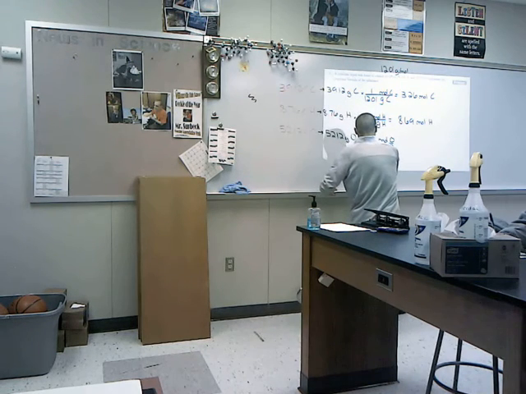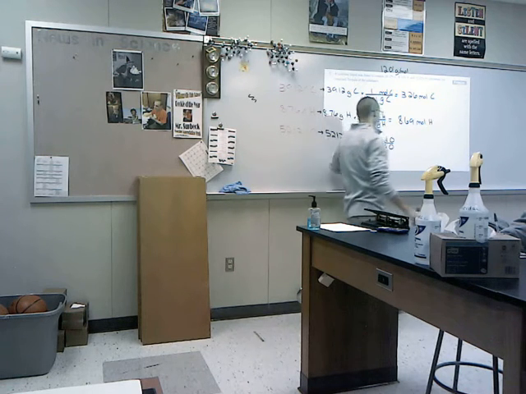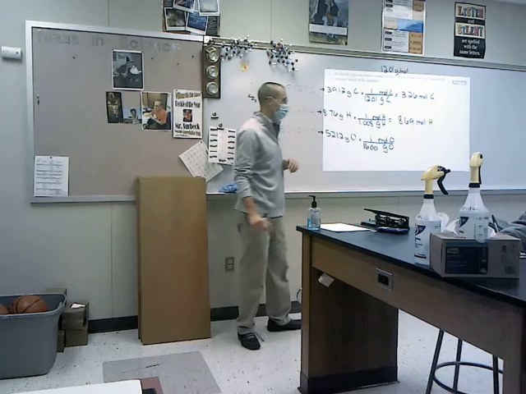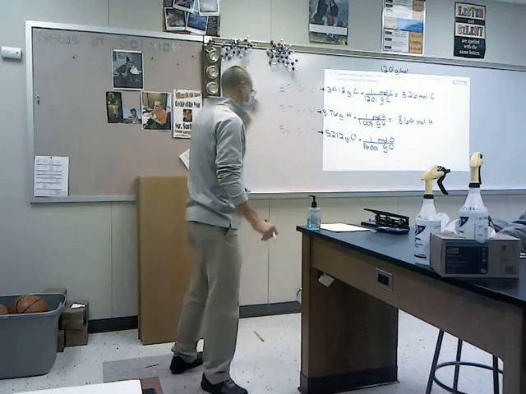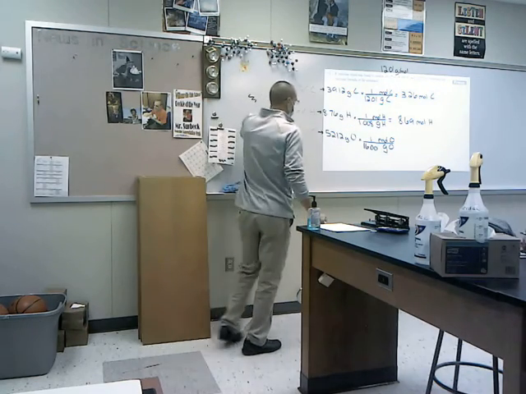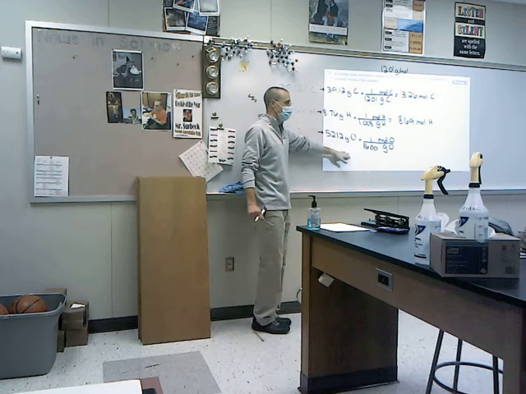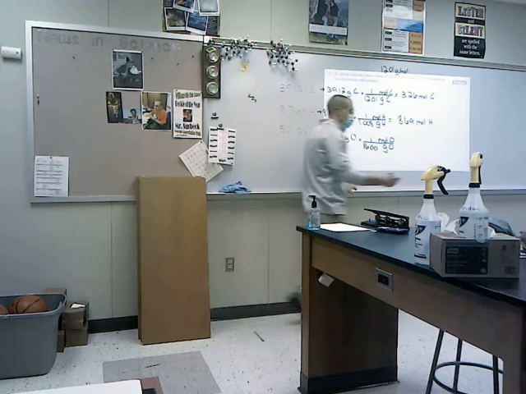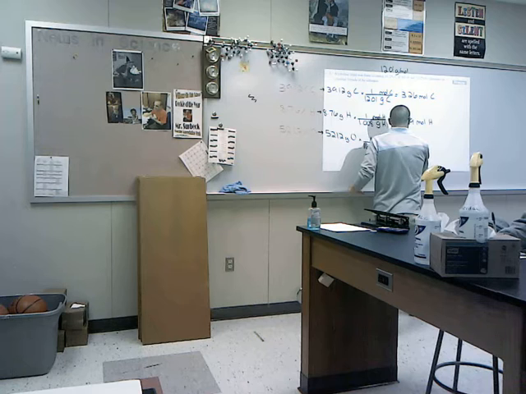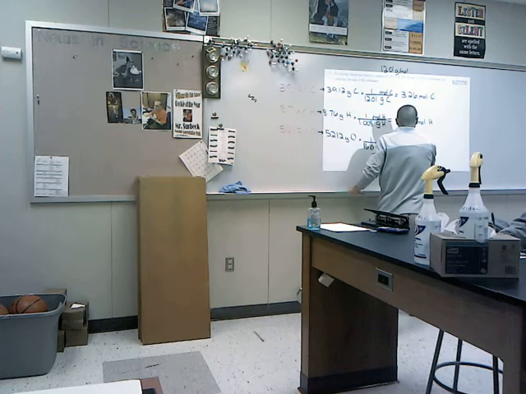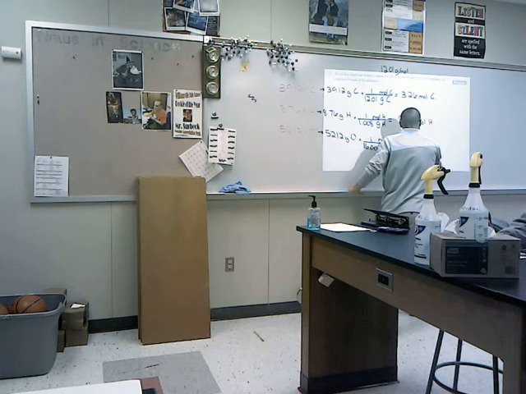We put that big number on bottom, so 16 goes on top, and we have 1 mole next to moles. 52.12 divided by 16 is 3.26. Sweet. All right, 3.26.